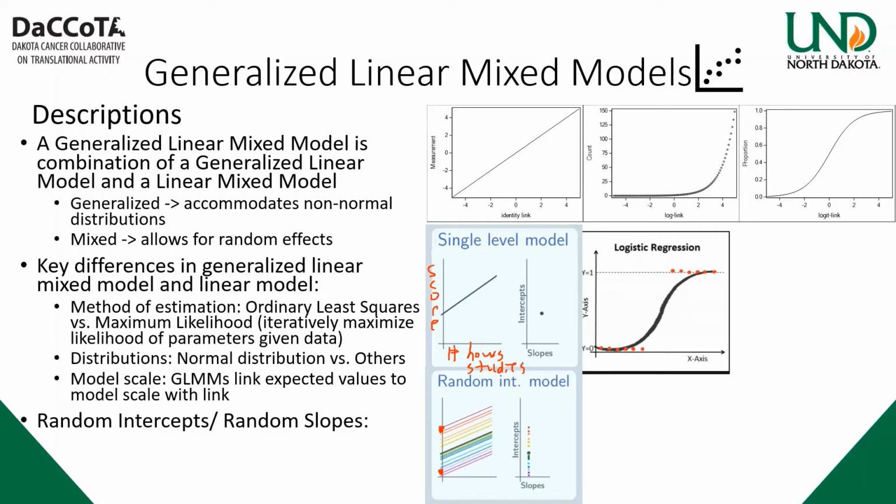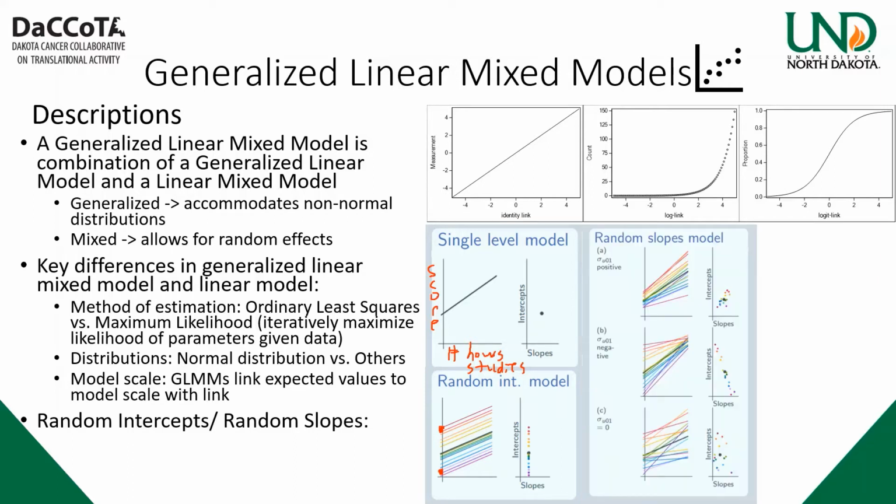Now you could also imagine doing random slopes as well. So this is a random intercept and slopes model. You can imagine different patterns where each of these classes has a different intercept, a different starting point, and a different slope, a different relationship between score and studying. You can imagine them fanning out, kind of clustering at the end, or no real relationship like that.